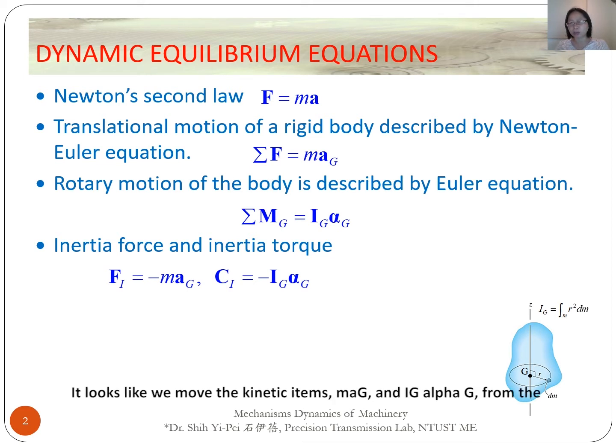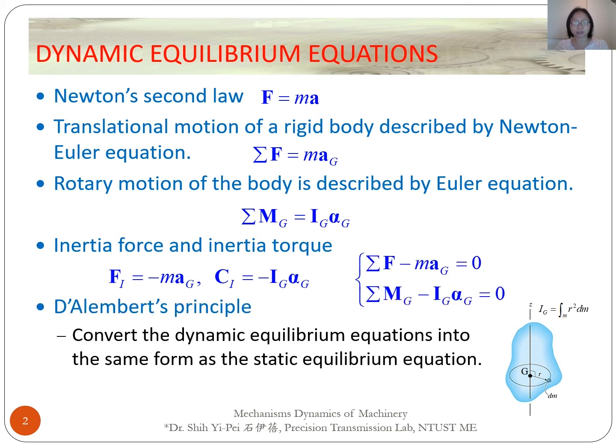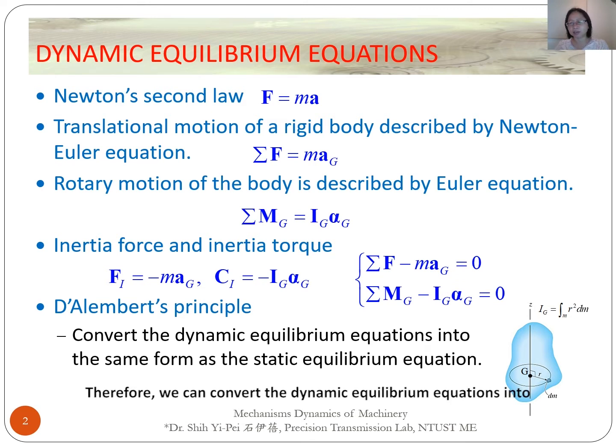It looks like we move the kinetic items m a_G and I_G alpha_G from the right side of the motion equation to the left side. Therefore, we can convert the dynamic equilibrium equations to the same form as the static equilibrium equations. It is called the D'Alembert principle.